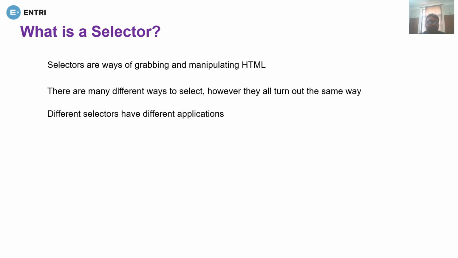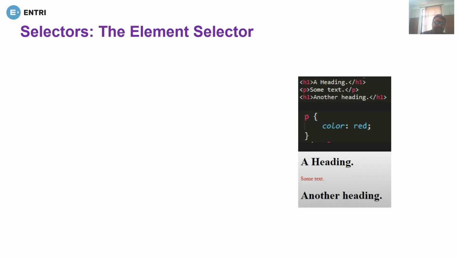Okay. Now, different selectors have different applications, obviously, and whichever selector we decide to use depends on the application type which we are using at hand. Okay. Now, the first selector, which generally is the general or the global way of accessing, is the element selector.